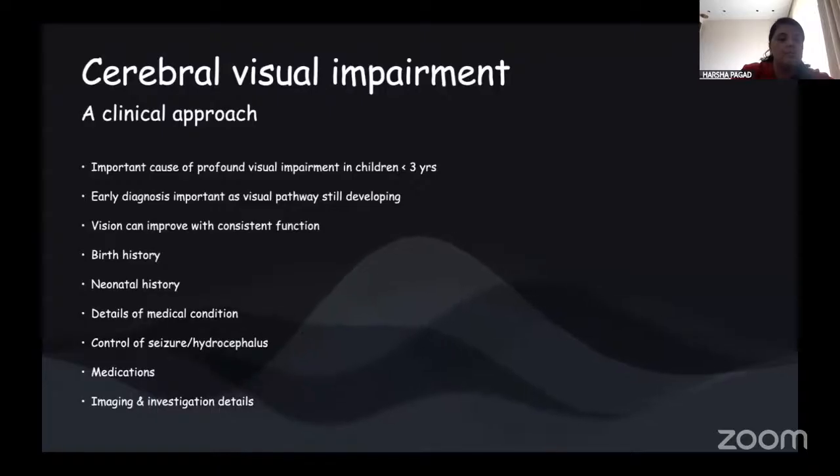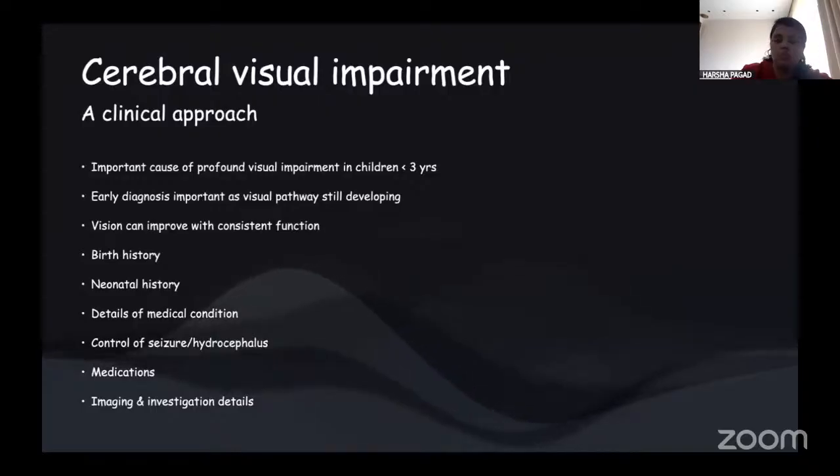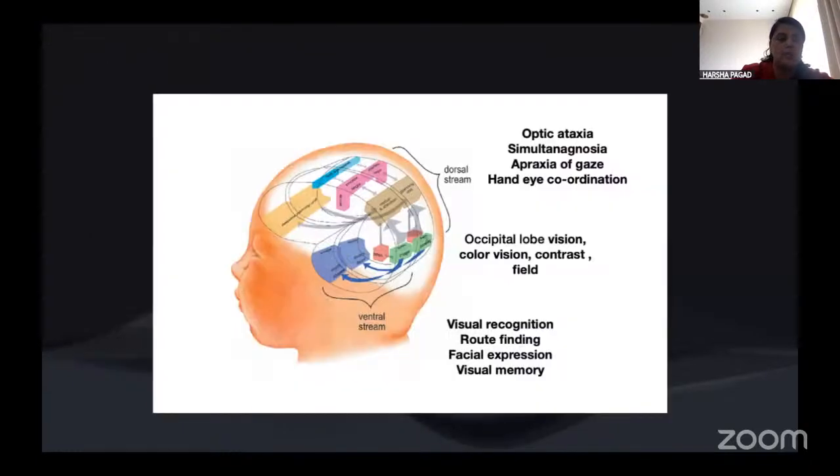Whenever we are approaching such kids, we ask for the birth and neonatal history, details of the condition, control of seizures, hydrocephalus, what the medications are and what the MRI investigations are saying, so that we are able to prognosticate the visual behavior. Depending on the amount of injury, if the occipital lobe is involved, we have visual impairment and color vision impairment.